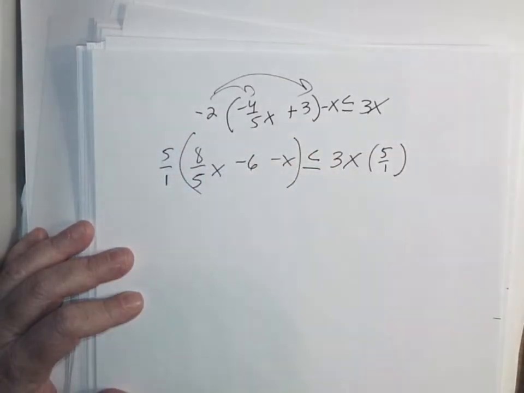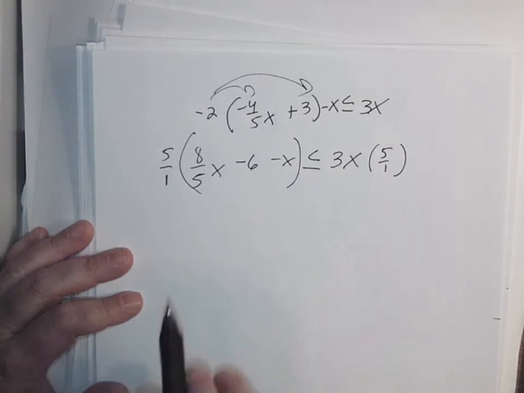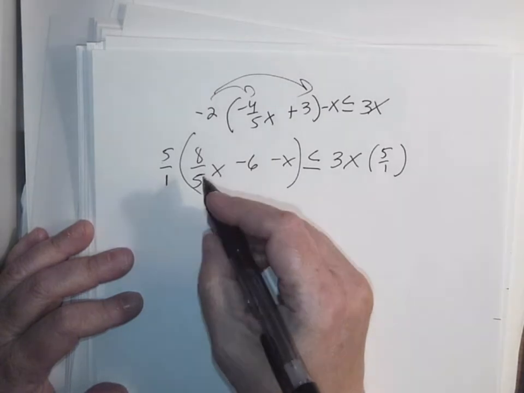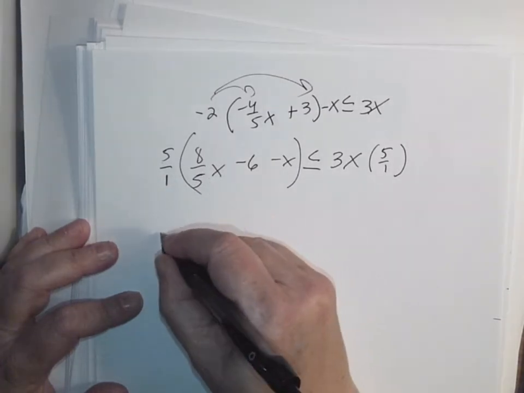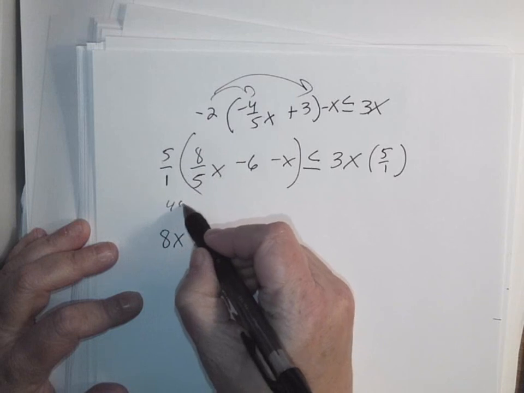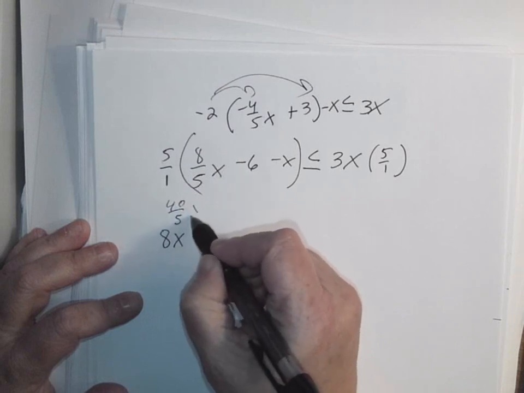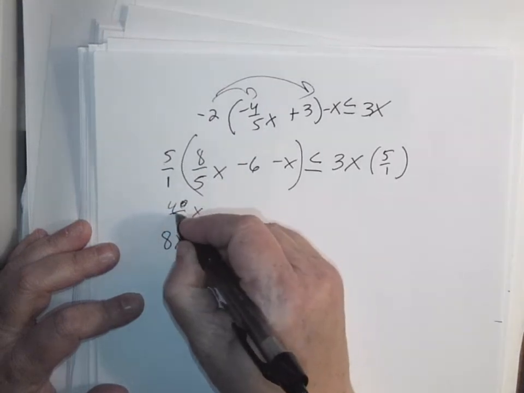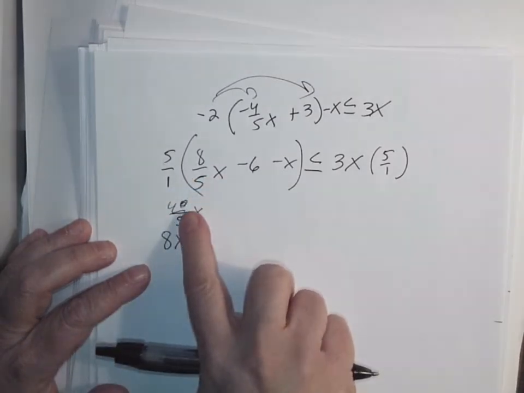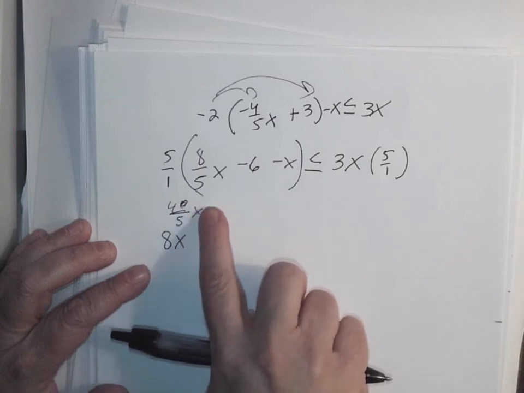So when I do this, this is going to become 8x. But if you don't see that and you multiply it through, you'd get 40 over 5 x, which would be reduced to 8x. So if you need to multiply that out, you can do that extra step to get 40 over 5x to an 8x.